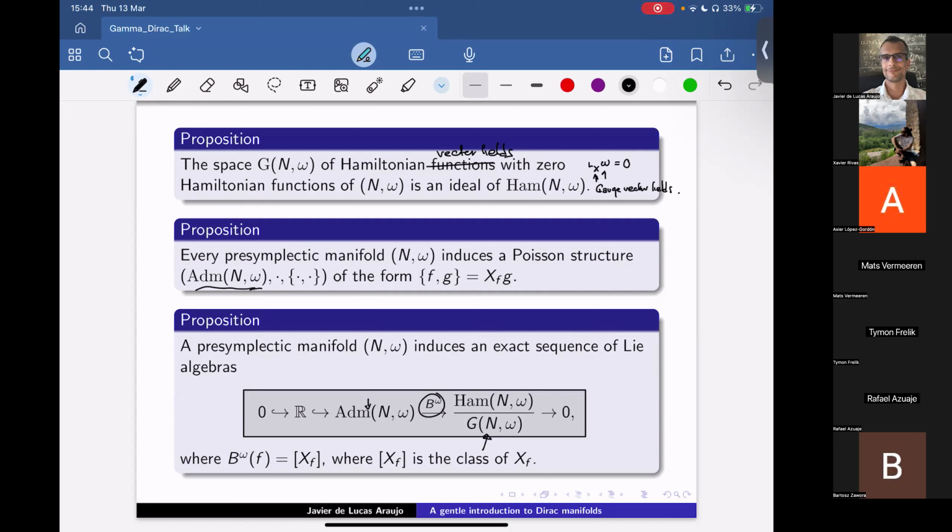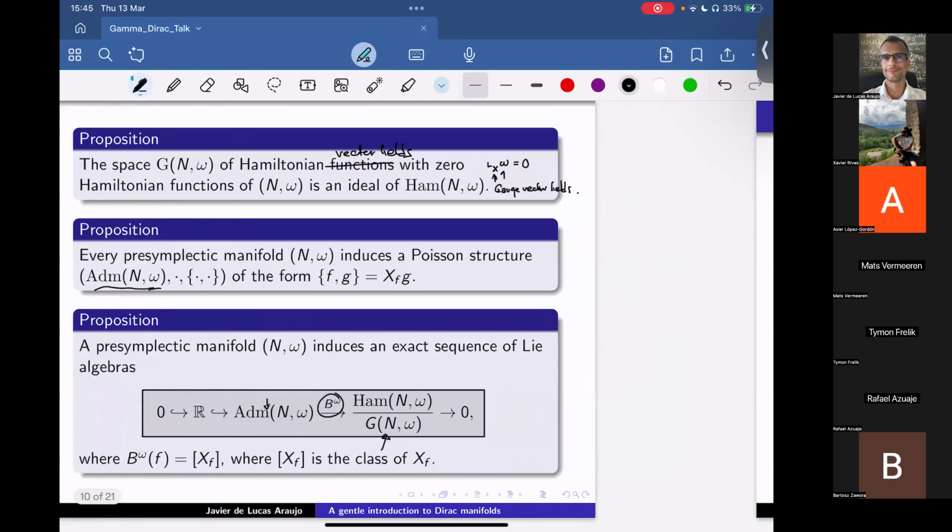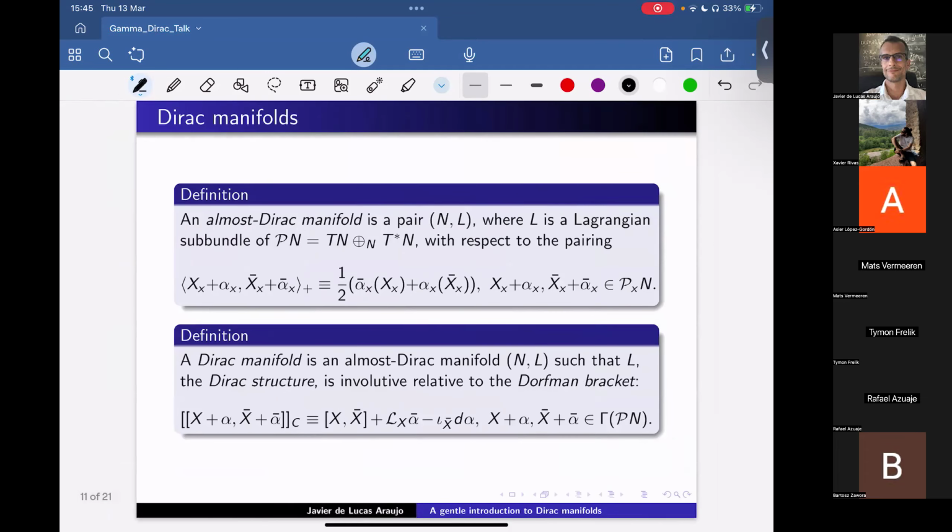So the idea to generalize these is to consider a manifold which is a stratification by means of presymplectic manifolds. And this is the main idea of a Dirac manifold. A Dirac manifold is essentially a manifold that can be divided into presymplectic manifolds in a way that they can be glued together in a certain manner.